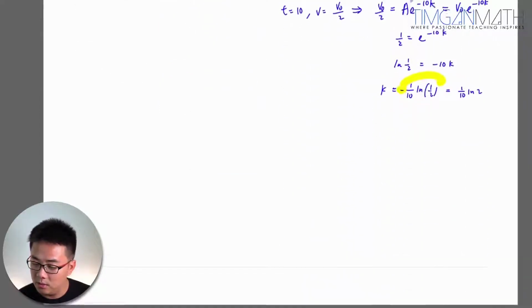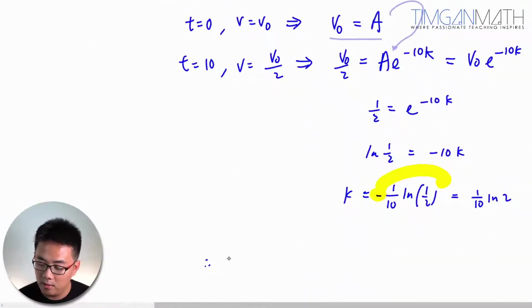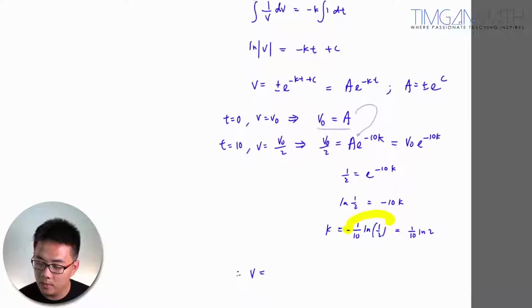Find V in terms of t. So there you go. V equals what's V naught?